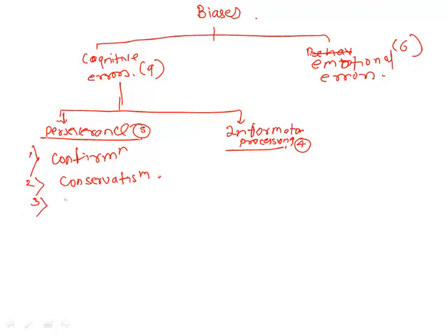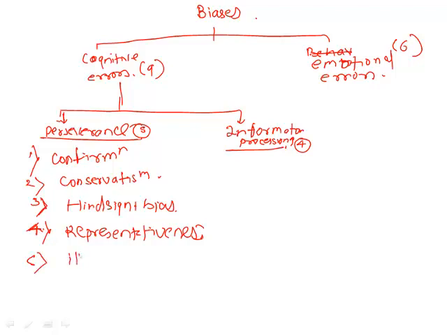The third one is hindsight bias. The fourth one is representativeness. And the fifth one is illusion of control.